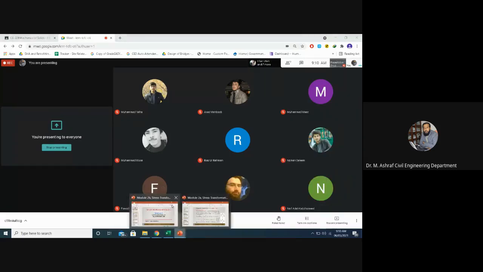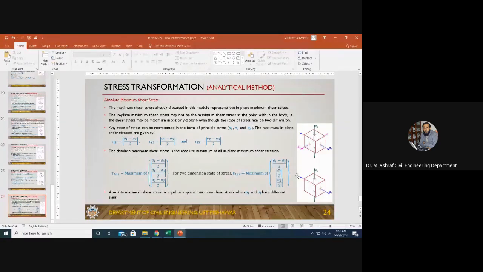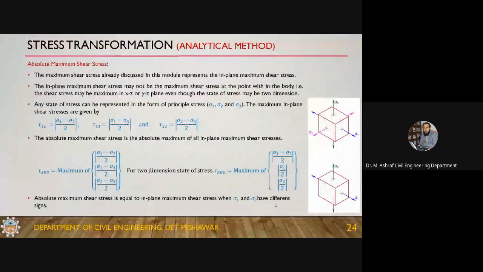Okay, so let's restart from here. So we are discussing that the in plane stress may not be the maximum stress. Okay, the out of plane could also result in the maximum stress at a certain point. So we are discussing an example.